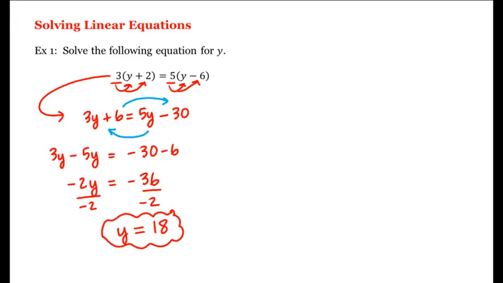Now, if we didn't want to work with all of these negatives, we could have started in the same way by distributing the 3 and the 5 through, giving us 3y plus 6 is equal to 5y minus 30.